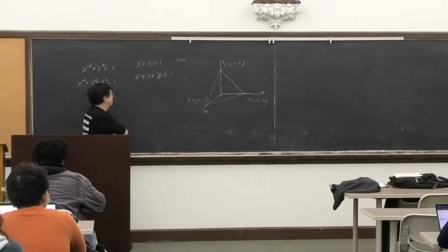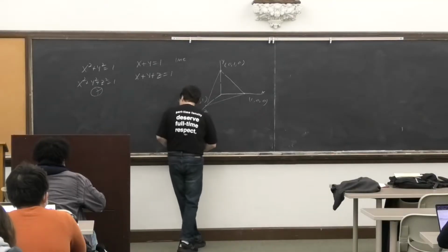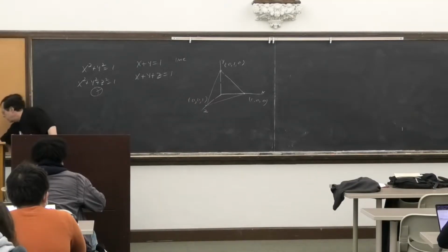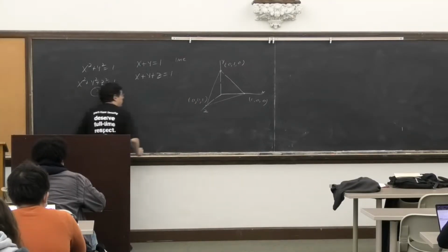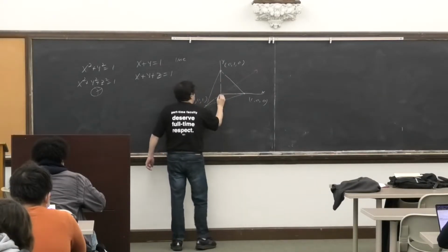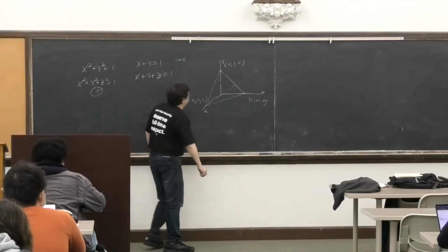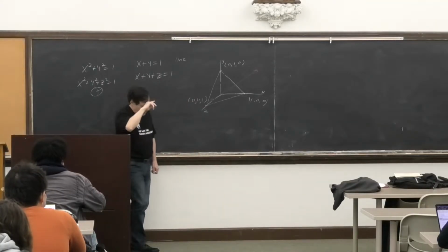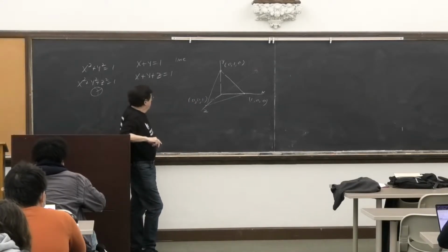So, okay. But what if I just wanted a line, some line in 3 dimensions? What would the equation of a line be?